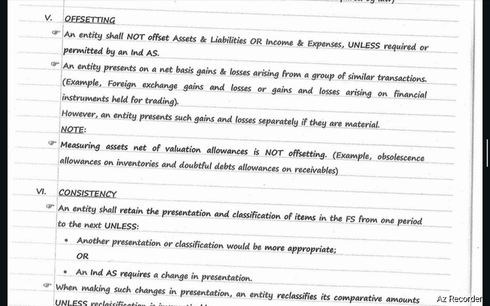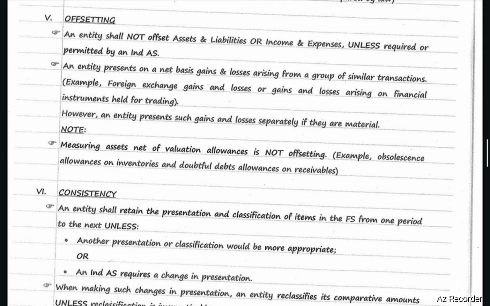However, an entity presents such gains and losses separately if they are material. Next, measuring assets net of valuation allowances is not offsetting. Example, obsolescence allowances on inventories and doubtful debts allowance on receivables, their presentation is not considered as offsetting.